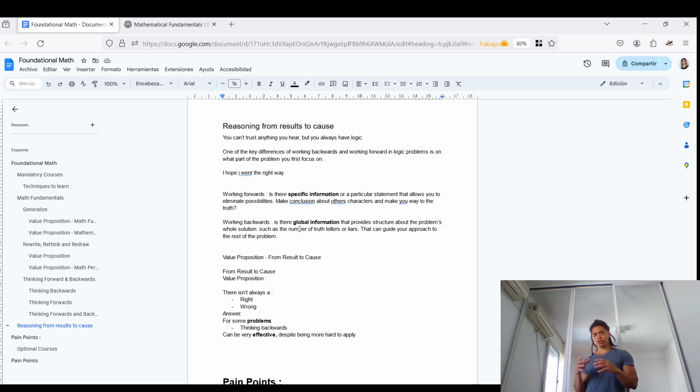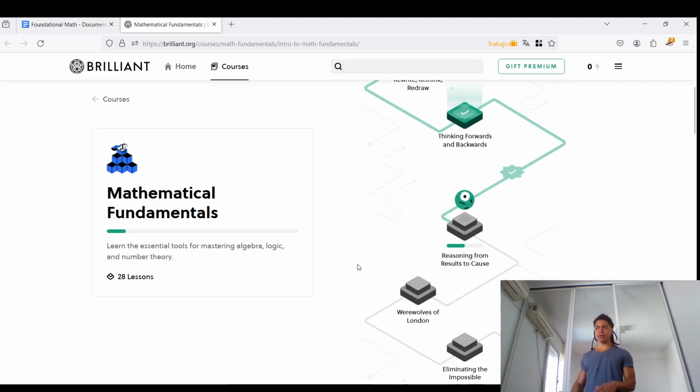So for some problems, thinking backwards can be very efficient despite being hard to apply. We'll look at a couple of examples of how we can do that. Again, for some problems, thinking backward by enumerating all possible combinations or by having this global information is very effective despite being hard to apply.